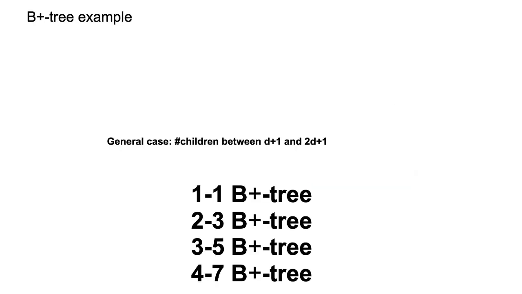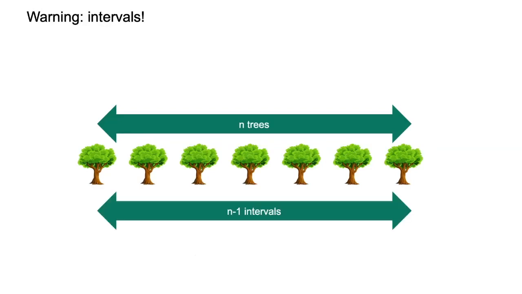Now, something you need to be aware of is that if I say between 3 and 5 children, what does it mean for the number of keys? Is it also between 3 and 5, or what is the interval for the keys? If I can have between 3 and 5 children, yes? Let me think. I always need to think before I answer. Almost, no, it was the minus 1. Let me show you. So entries means n minus 1 intervals.